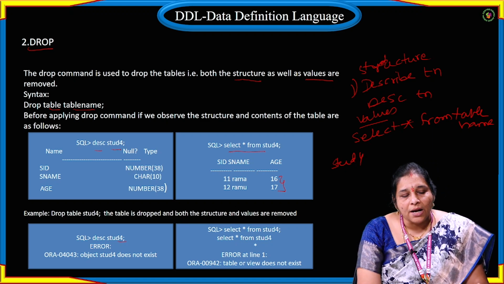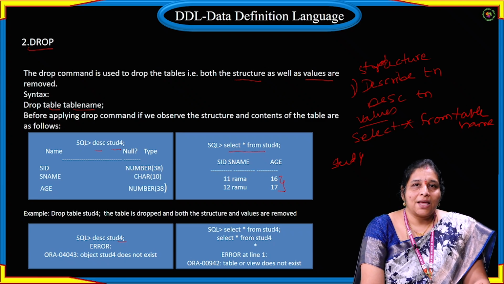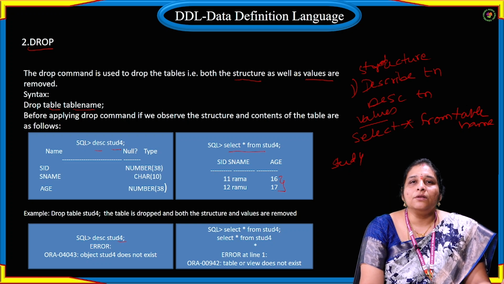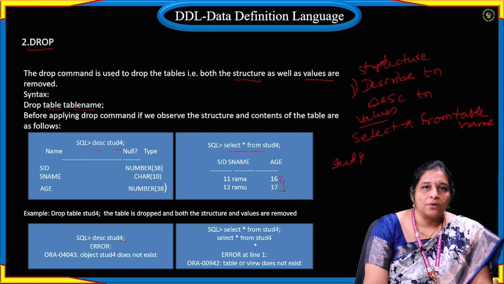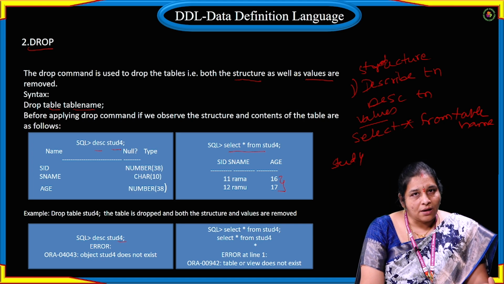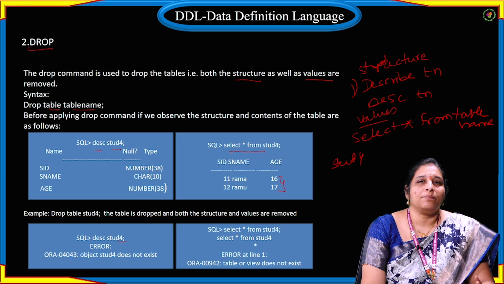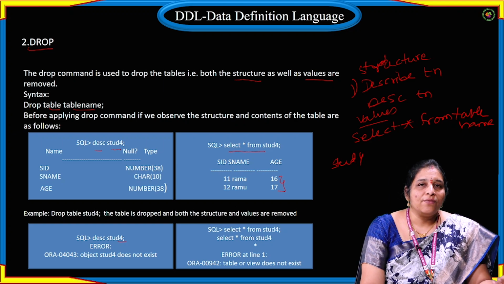Now, coming back to real time, where is the drop command used? Let's say I am a class teacher, or in a particular organization, some employee information is stored. Once a particular year of evaluation is over, we no longer need that particular year's student information, or we don't want the entire attendance sheets and timetables, we want to have a fresh list.